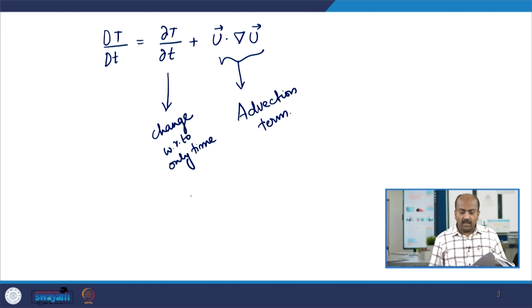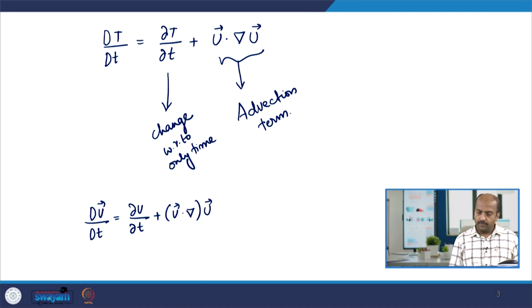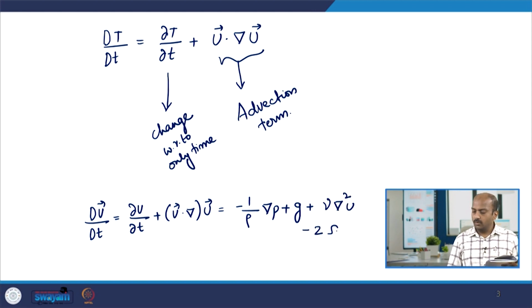So, you can write the momentum equation now with respect to the total derivative, as du by dt is equal to dou u by dou t plus u dot del u, which equals minus 1 by rho del p plus g plus nu del square u minus 2 omega cross u.